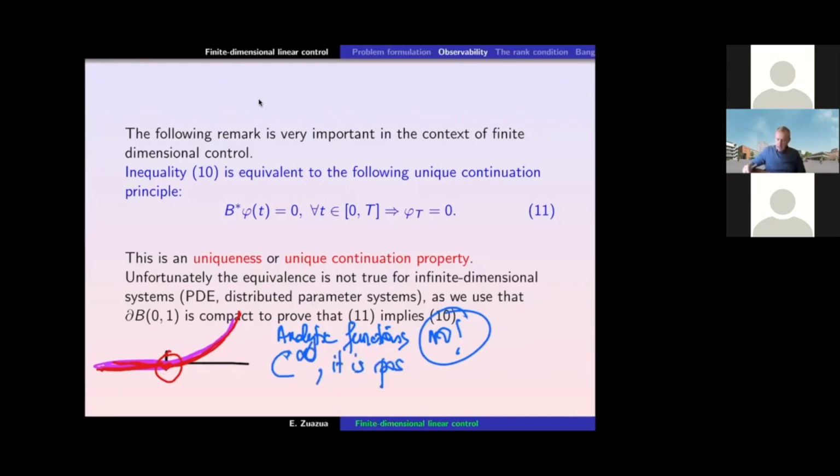Could you please tell me, and we stop now for a break with the answer to this question, which is a C infinity function that looks that way, which breaks down the principle of unique continuation? Maybe you can write simply on the chat.